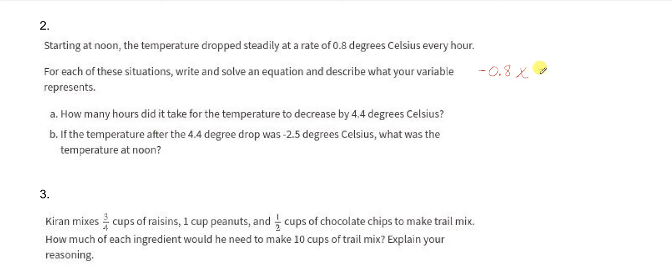And we know that it's going to end up being a decrease that's equal to negative 4.4. That's the ending decrease. So that's the equation that I would write. And then to find the answer, I would just have to divide negative 4.4 by negative 0.8. And it would tell me how many hours it was dropping.